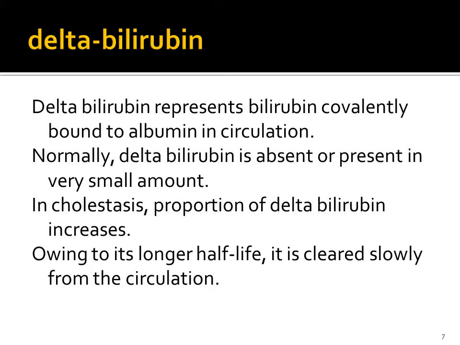It has a longer half life, and so it persists in the circulation for a very long duration and is slowly cleared from the circulation. Normally it is absent or present in very small amount, but when conjugated bilirubin is very raised and it is for a prolonged duration, then a high proportion of delta bilirubin is seen, like in cholestasis.